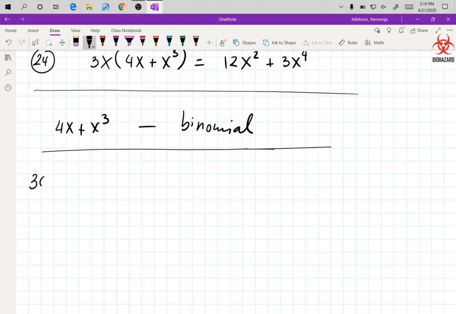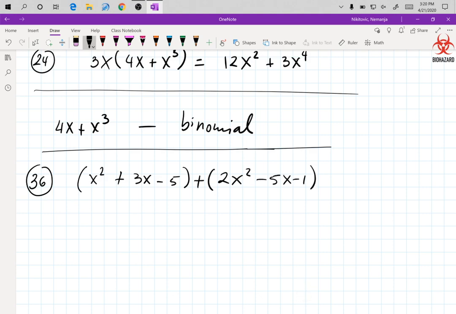Problem 36 is asking you to add x squared plus 3x minus 5 to the polynomial 2x squared minus 5x minus 1. We did this in class where we add like terms. So that's going to be 3x squared when we add x squared terms. They are like terms because their variable parts are the same.